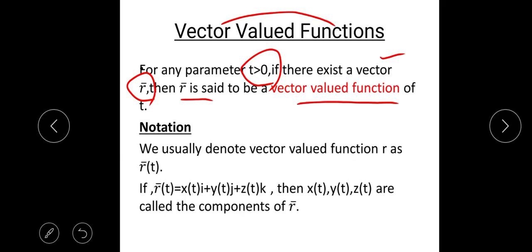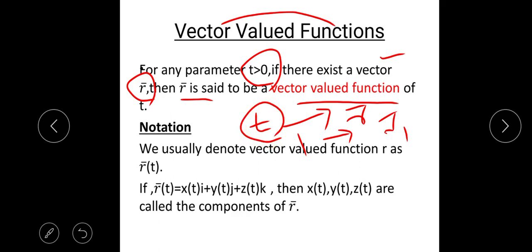So if you are inputting a t, we will get the output as a vector r. If you are inputting the value 1, you will get a vector r1. If you are inputting 2, you will get another vector r2. So like that, for any t greater than 0, there exists a vector r.